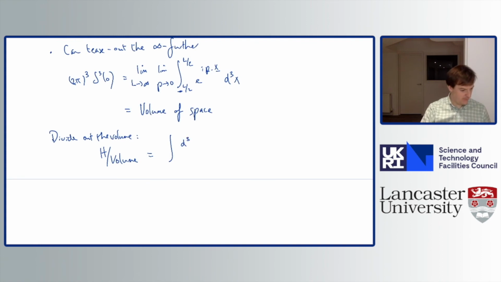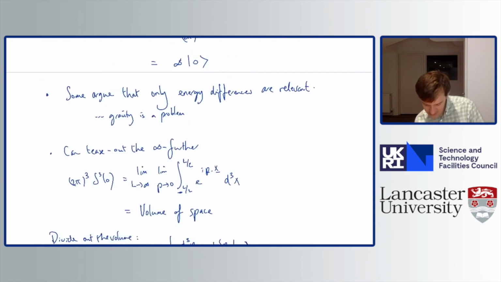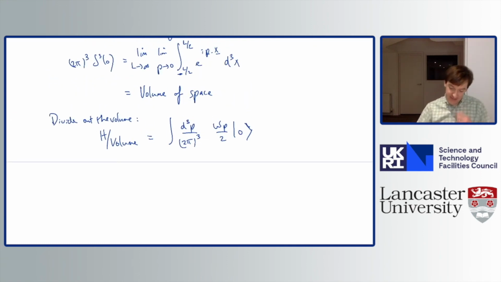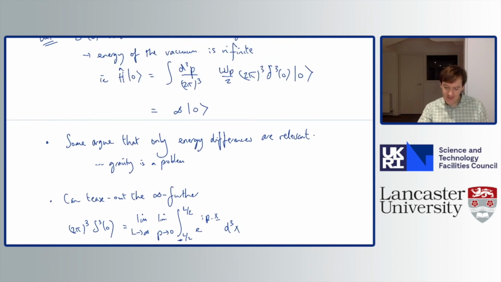We're just going to divide out the (2π)^3 δ^(3)(0) terms. So we're still going to have d^3p, the (2π)^3 pieces, then the ω_p over 2 acting on the vacuum. You might think this looks slightly better, because we no longer have the infinite number appearing as we did here.